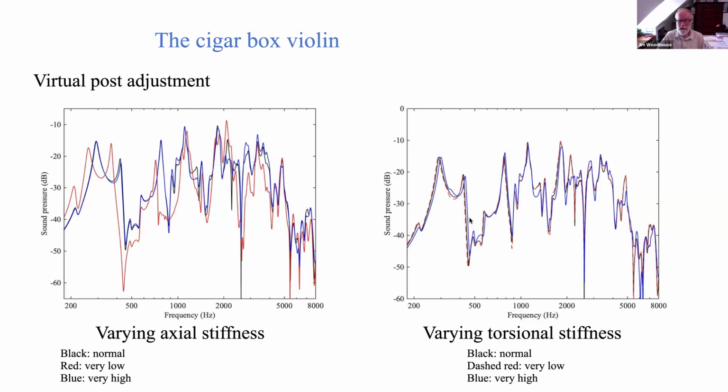And I had to plot the red curve here in dashes because over a lot of the plot, it actually covers up the black curve. What you see here is not very much. This torsion stiffness is not creating big effects in the way that the axial stiffness did.